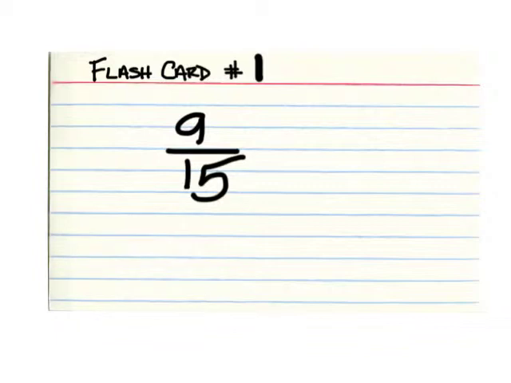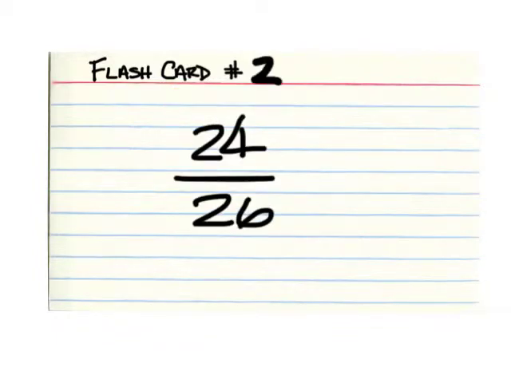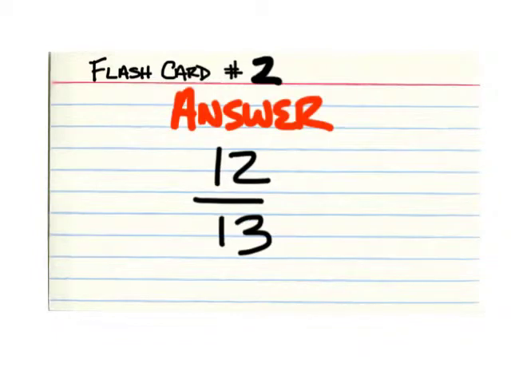Flashcards, just say the answers out loud. 9 over 15 reduced. 3 over 5. 24 over 26. Should be 12 over 13.